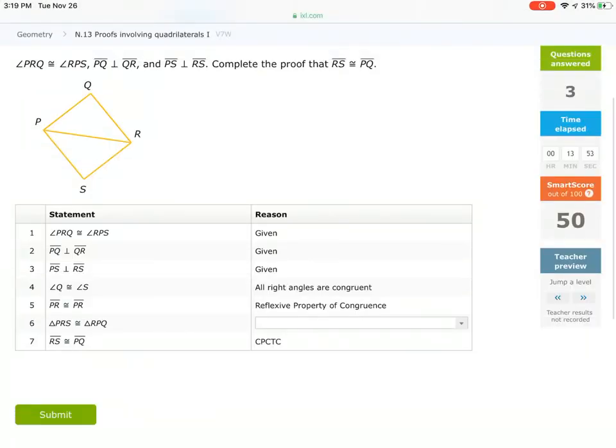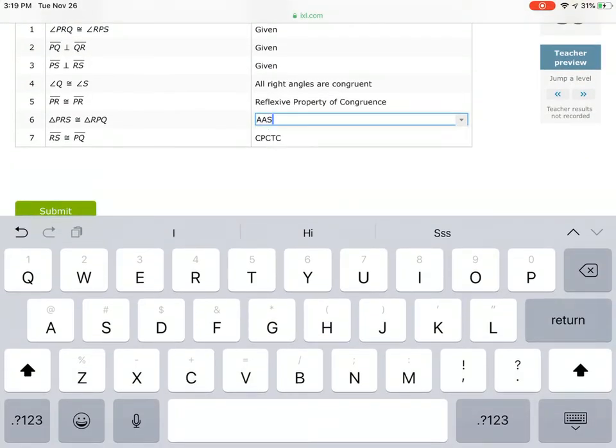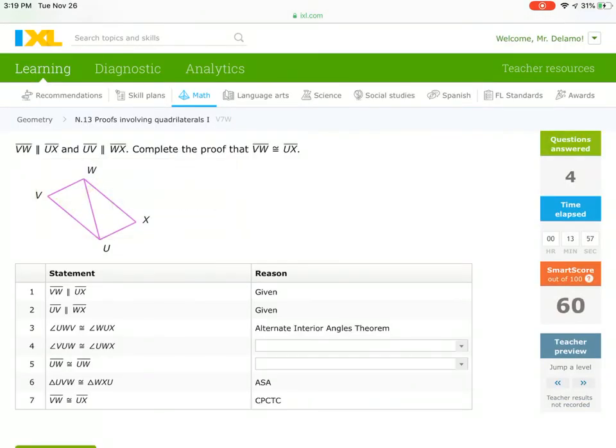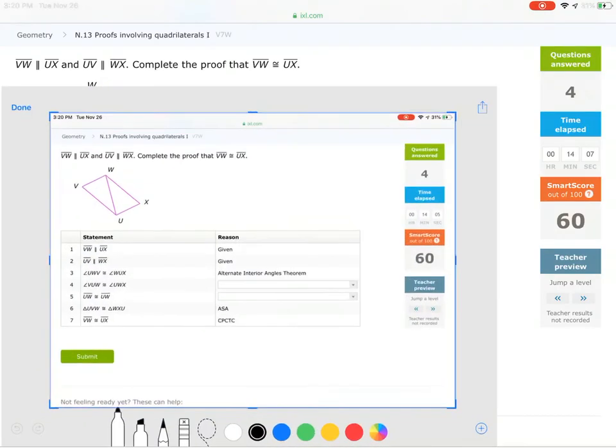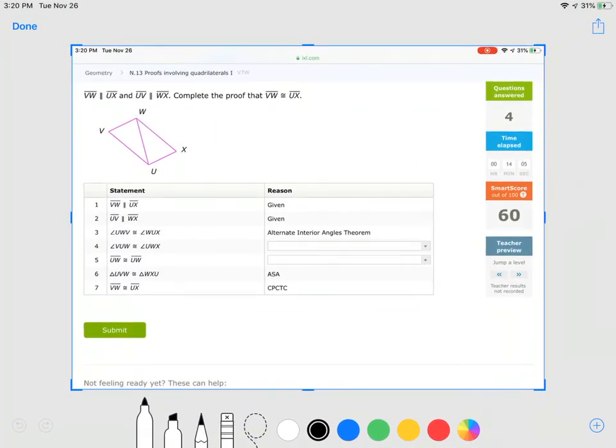Let's make sure we got it. All right, so VW is parallel to UX, and UV is parallel to WX. Notice that those are the conditions describing a parallelogram.